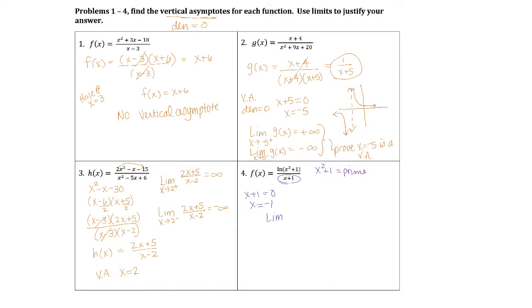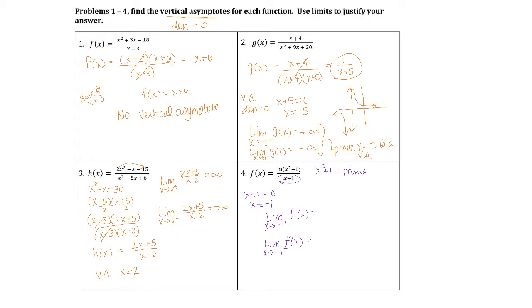And then we're going to talk about the limit as x approaches negative 1 from the right of our function f of x. And then we'll look at the limit as x approaches negative 1 from the left of f of x.